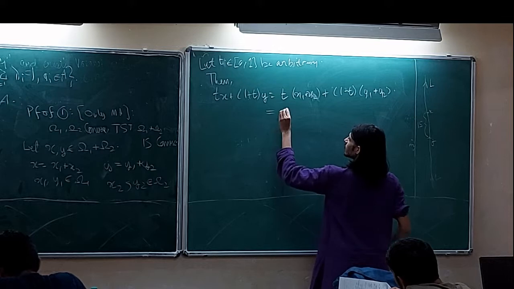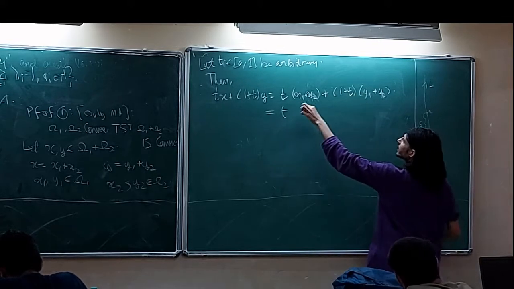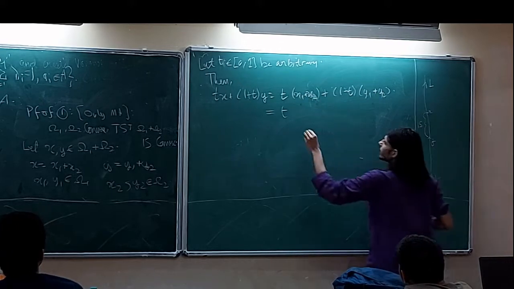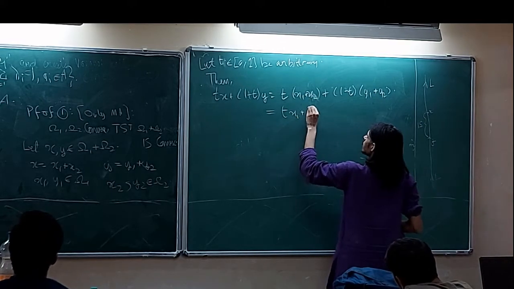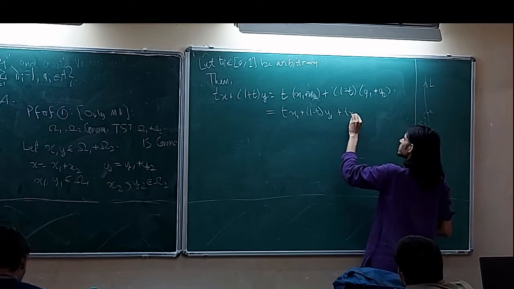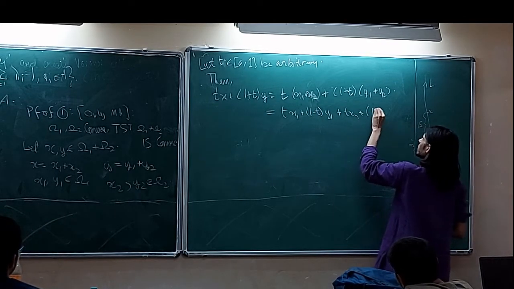And this is just breaking the sum up and recombining it: (tx1 plus (1 minus t)y1, tx2 plus (1 minus t)y2).